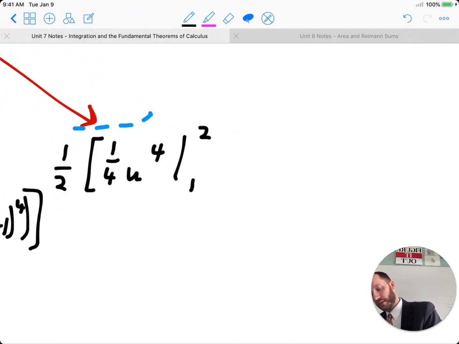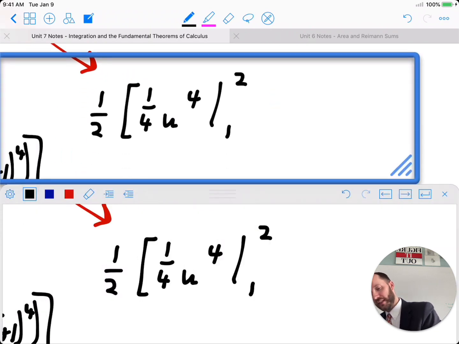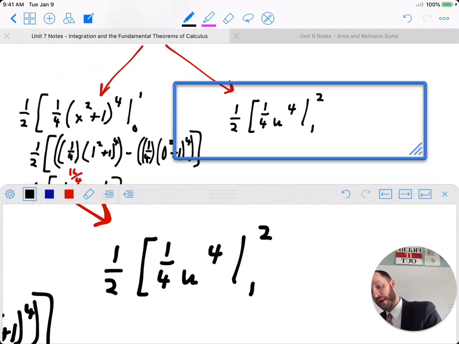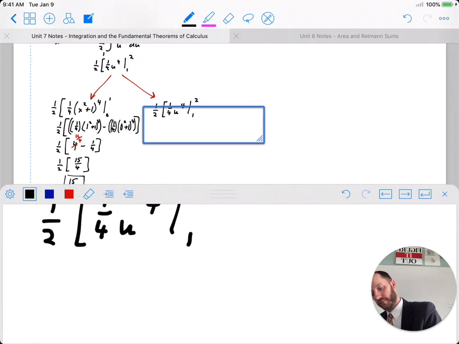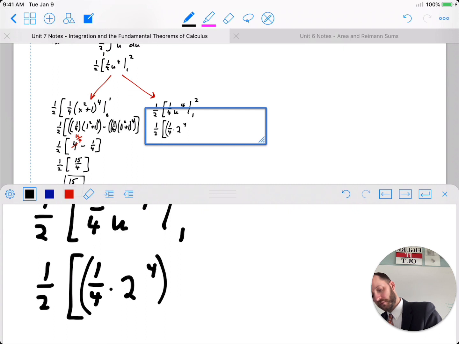Okay, we use the u variable and the u bounds. So 1/2, 1/4 times 2 to the 4th minus 1/4 times 1 to the 4th.